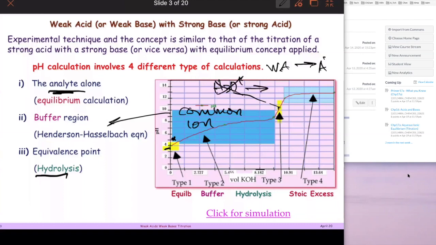You're actually calculating hydroxide ion concentration. Because if the acid is not there, it's not going to generate hydronium. What is present is the conjugate base, and it's going to generate hydroxide. You're going to calculate the pOH at the equivalence point, and all you've got to do is subtract it from 14 to get the pH. Okay, so that's what's going on at the equivalence point.